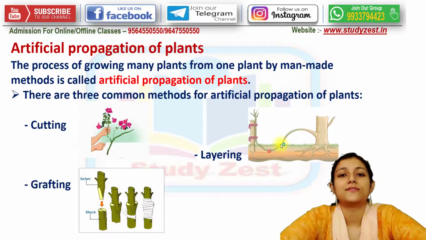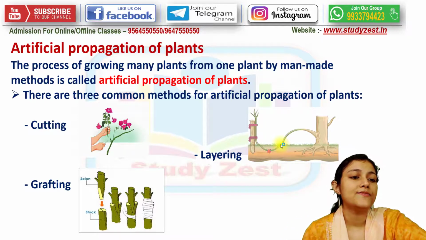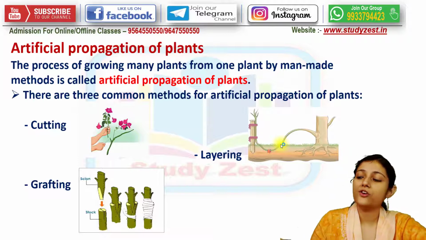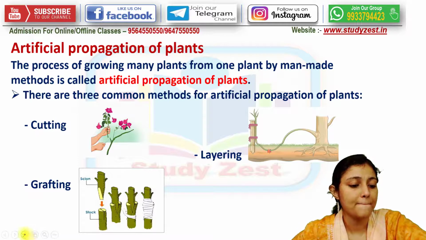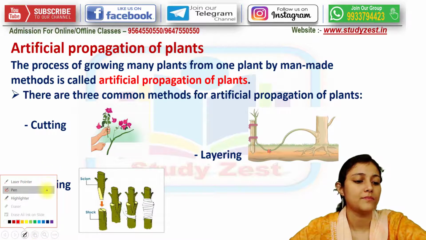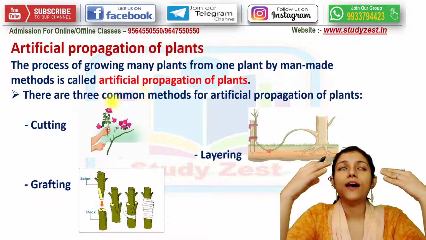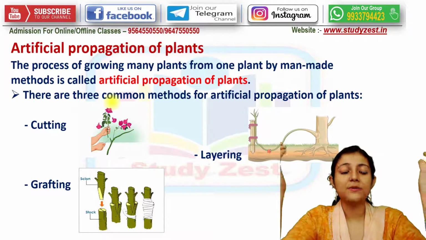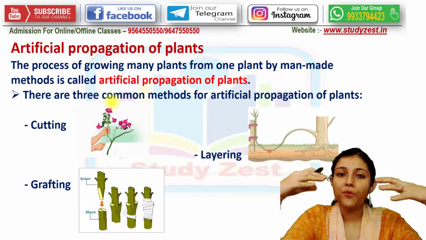Now let's start today's discussion. The first topic is artificial propagation of plants. Okay, so what is it? In the last class we have discussed the natural method of vegetative propagation.